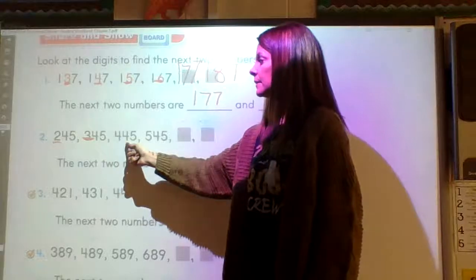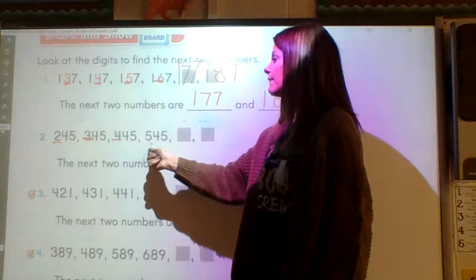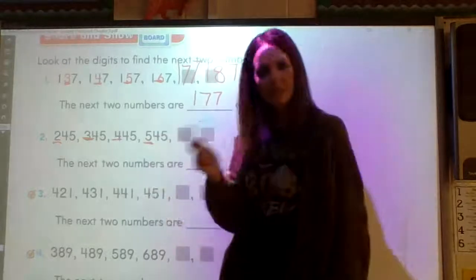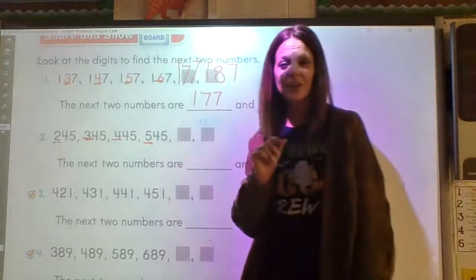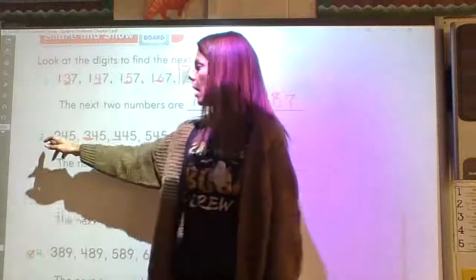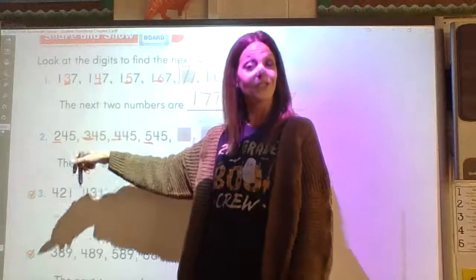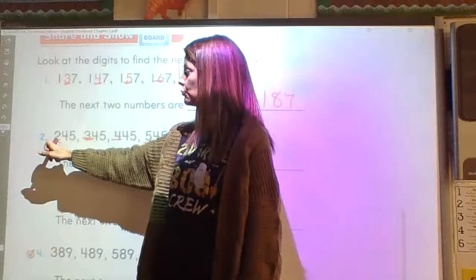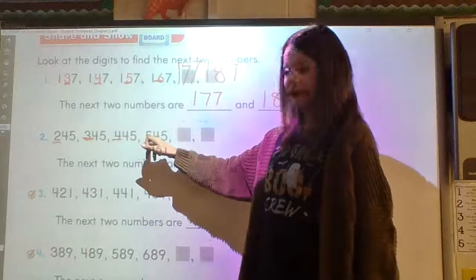How about here? The 4, the 5. What place value is this that's changing? The hundreds, very good. Is it going up 100 or down 100? Good job, it's going up. So 200, 300, 400, 500.